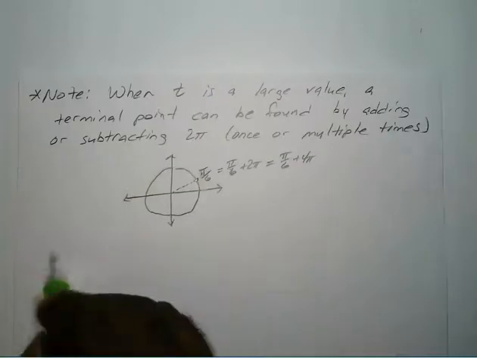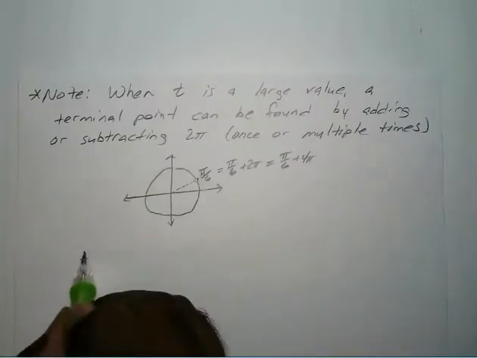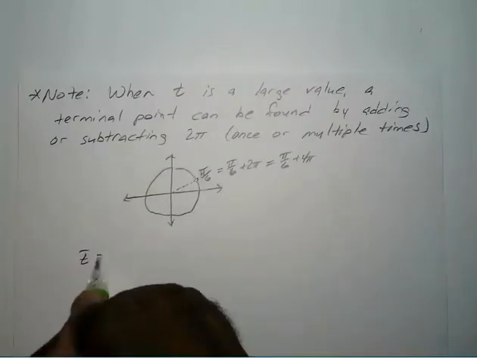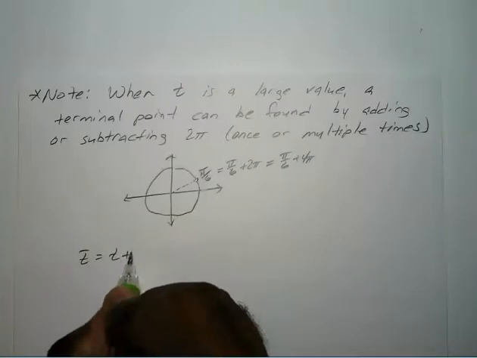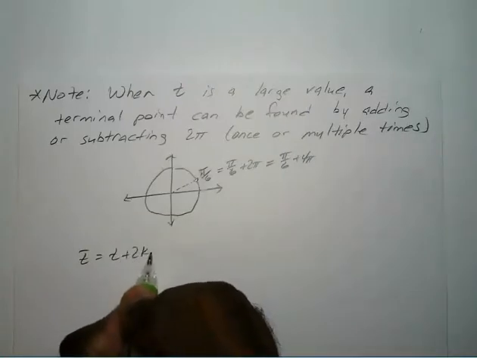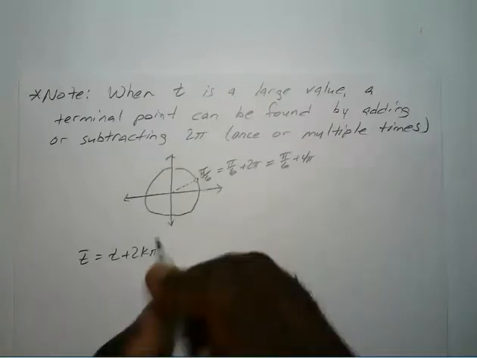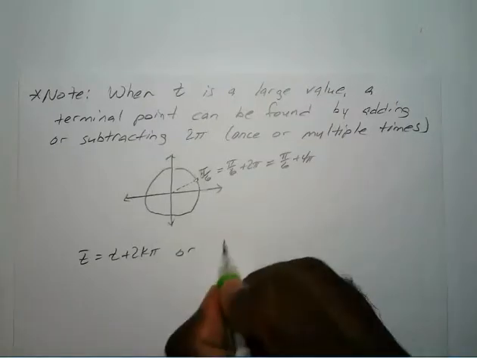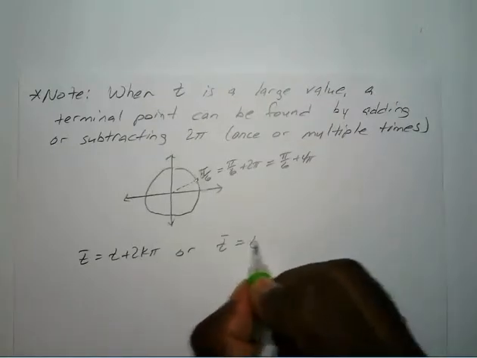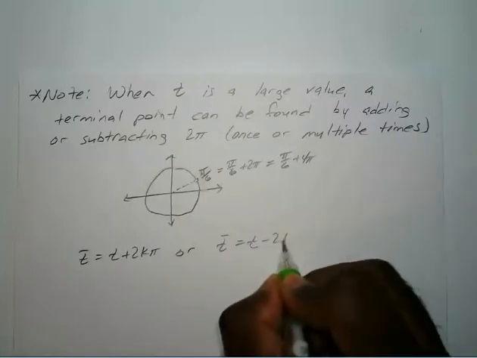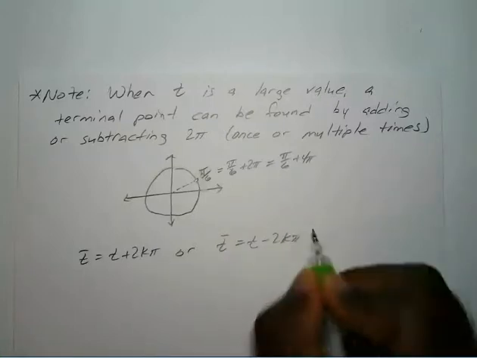Okay, so that means your t can equal t plus 2 pi times some value k, or can equal t minus 2 pi times k.